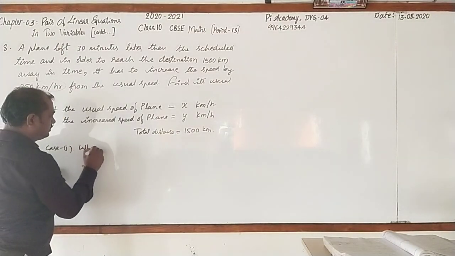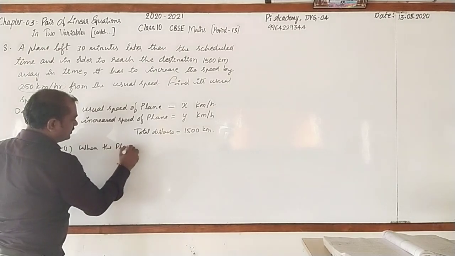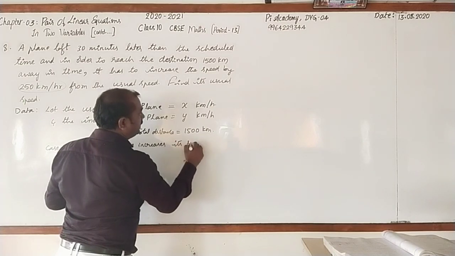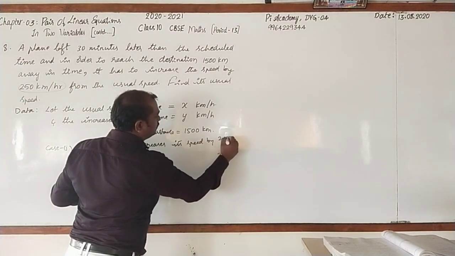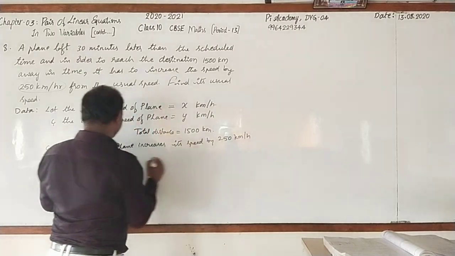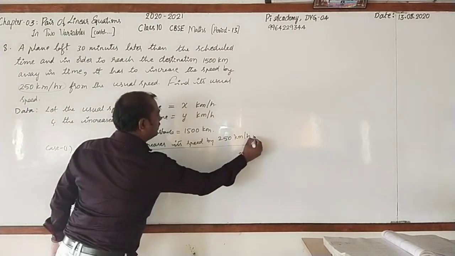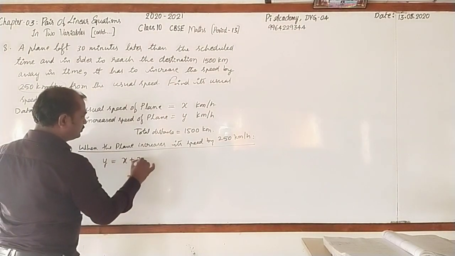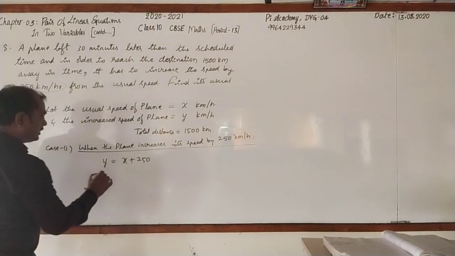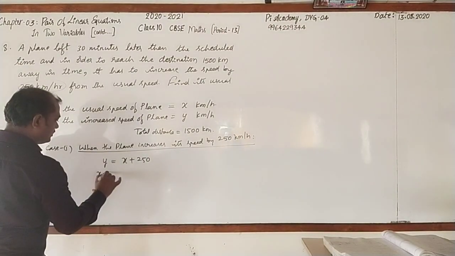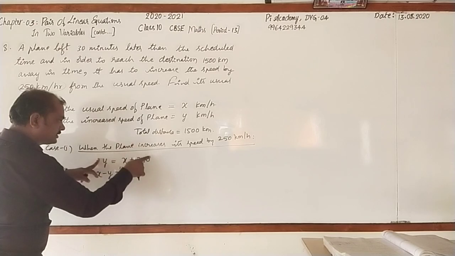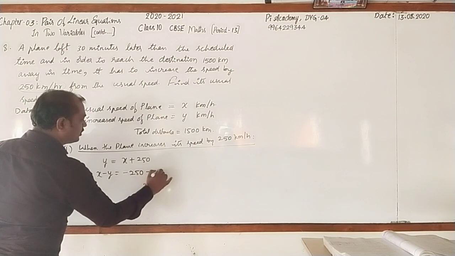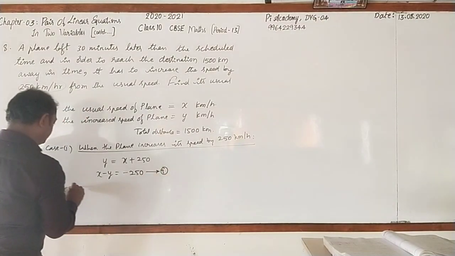Here I will write, when the plane increases its speed by 250 km per hour over the usual speed, hence we can write increased speed y is equal to x plus 250. Then this can be rewritten as x minus y. See, x is here only, y is on the right hand side, that's equal to, take 250, it is minus 250. You may call it equation 1.